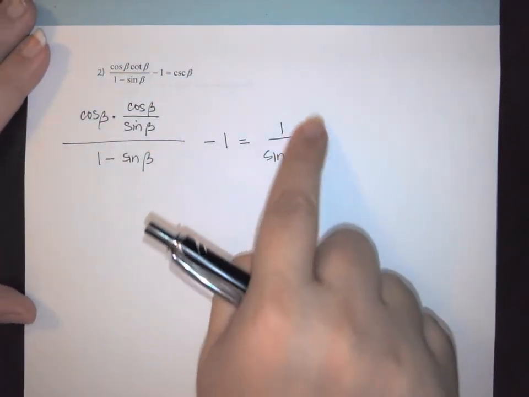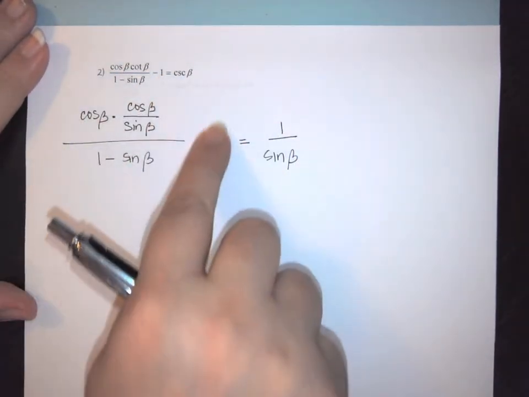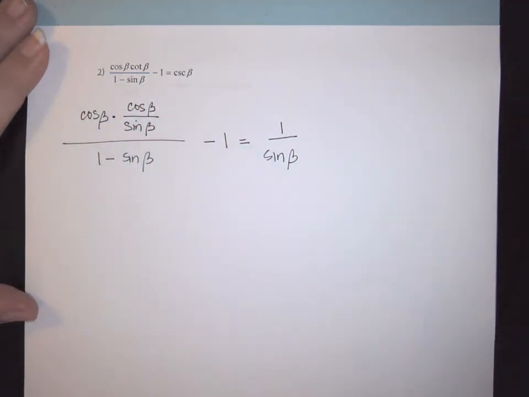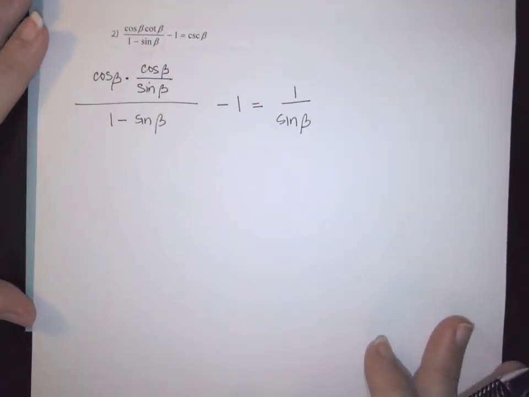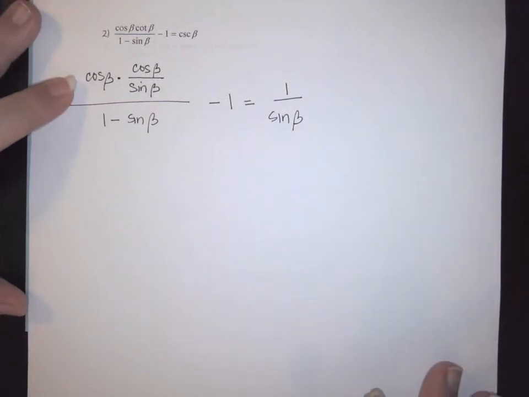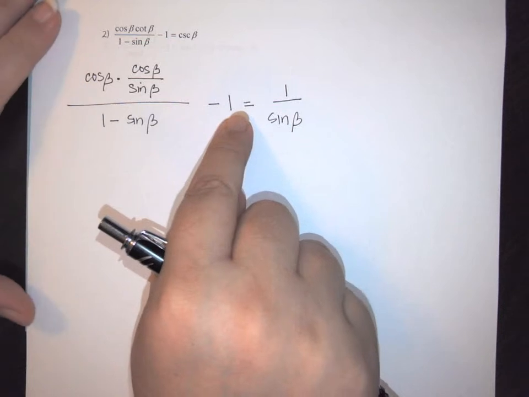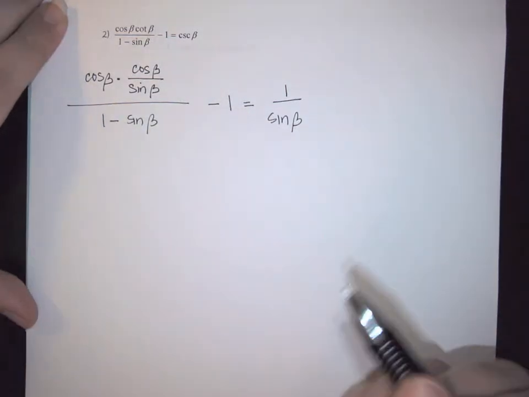Since the right-hand side equals 1 over the sine of beta, what I'm hoping is that this whole mess on the left-hand side I can simplify down to that. So I have to start working with what I have. First and foremost, I have to combine my fractions. My denominator is 1 minus sine.